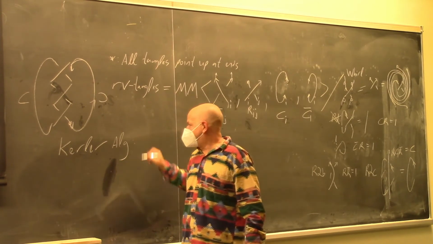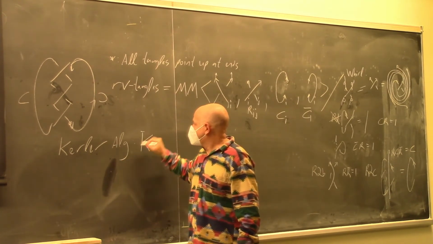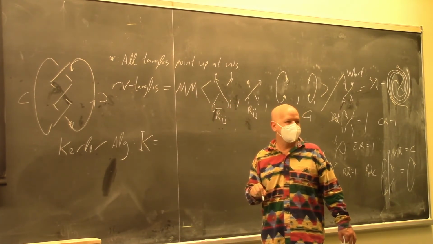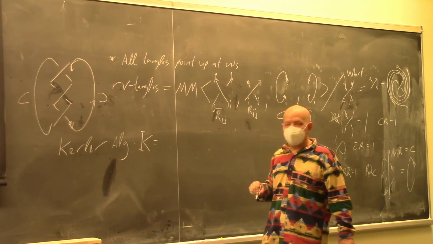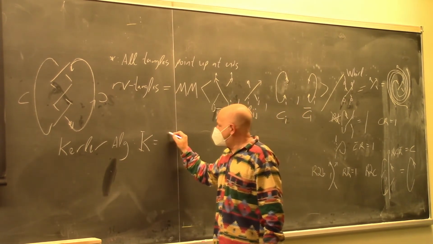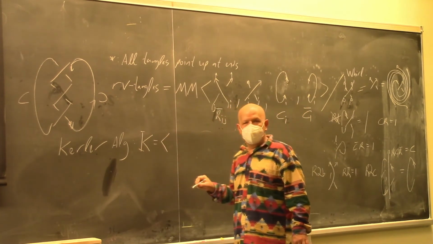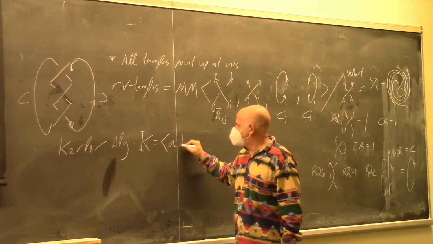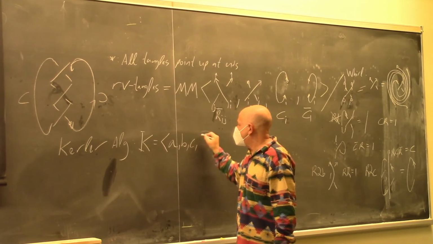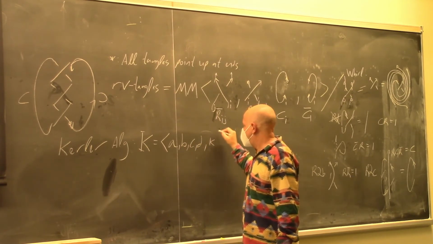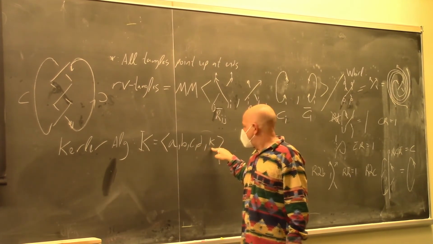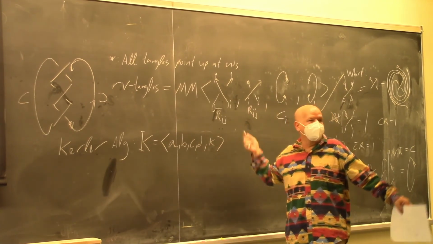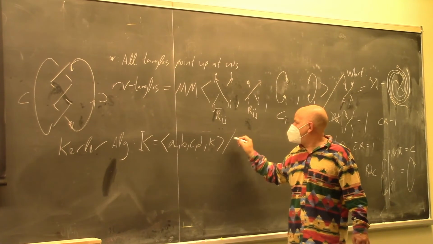So I'll call it the Kerler Algebra K, but I'm not promising that it really is the Kerler Algebra. Anyway, what's the Kerler Algebra K? It's the algebra with 5 generators and some relations, A, B, C, D, and lowercase k. Modular relations.